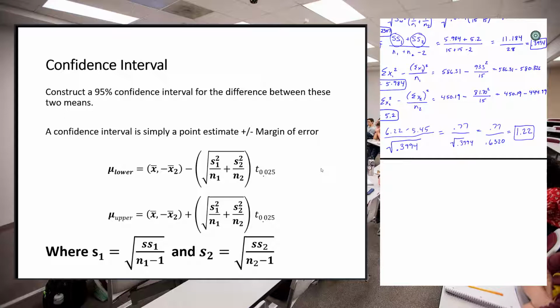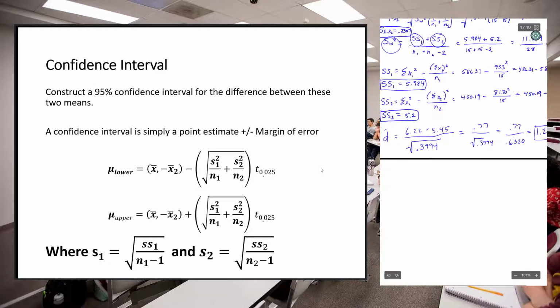So we're going to need to compute the standard deviation for each sample so that we can plug it into this confidence interval equation. Now, I'm sure you are very familiar from earlier in the semester when we computed standard deviation. Essentially, what we did was we took the sum of squares, divided by n minus 1, and then took the square root of that.